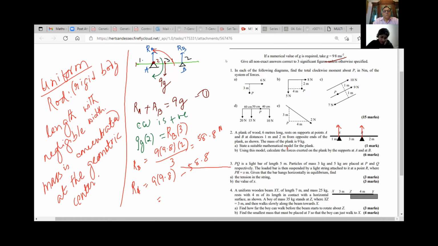Minus 58.8 gives 29.4. So what you also notice here, it is very important to check, is that RA is 1/3 of the weight, and RB is 2/3 of the weight. Do you see that?